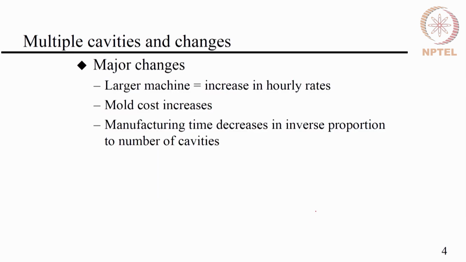Some of the criteria, as I have described: we need larger machines to handle bigger molds, and thereby the hourly rates for having the machine as well as operating the machine increase, the mold manufacturing cost increases, and the manufacturing time decreases because we are increasing the cavities.